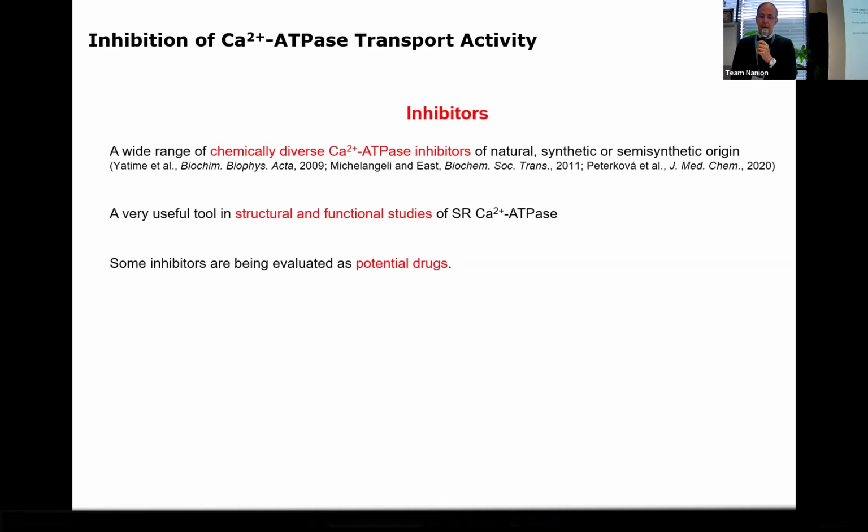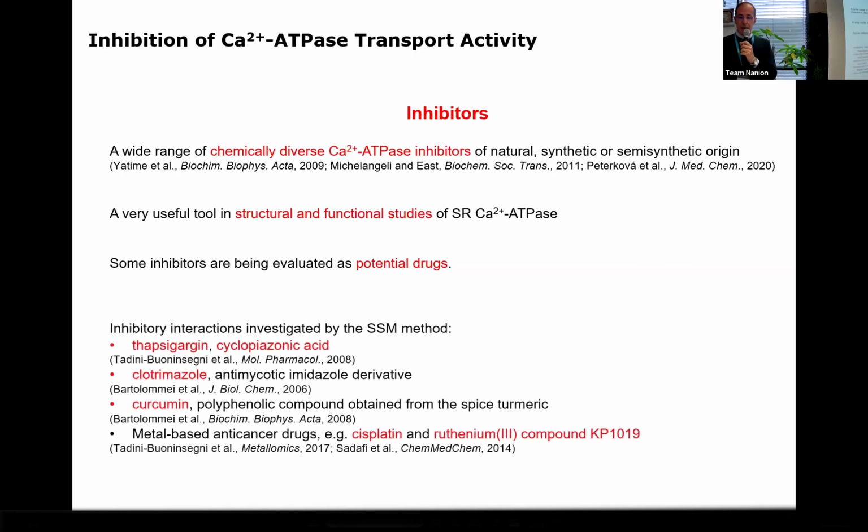Several SERCA inhibitors of natural or synthetic origin with a variety of chemical structures are known. And these compounds are a very useful tool in structural and functional studies of the Ca2+ ATPase, and some of them are also considered as potential drugs.